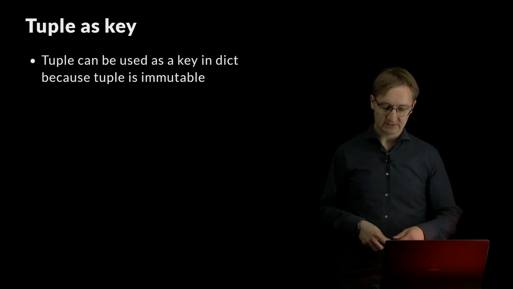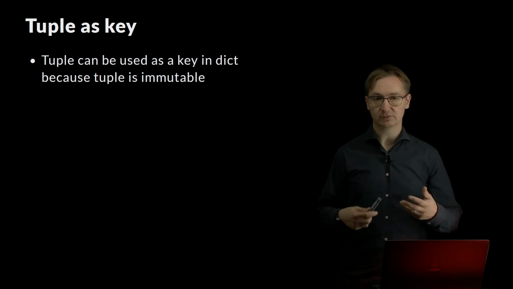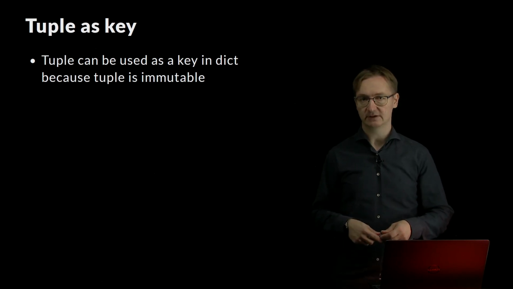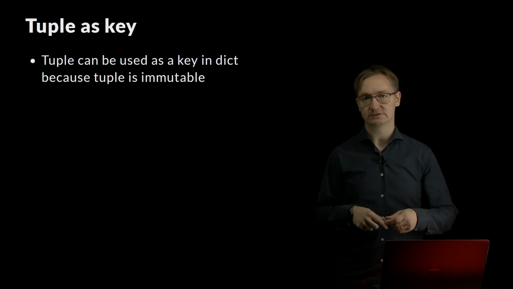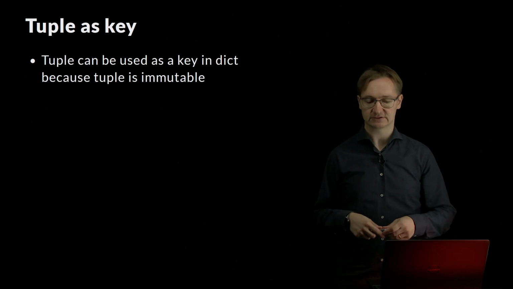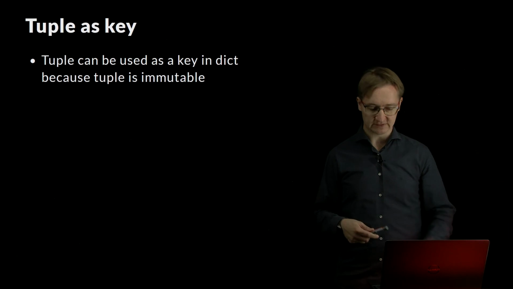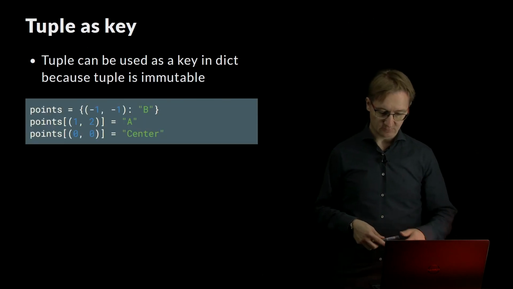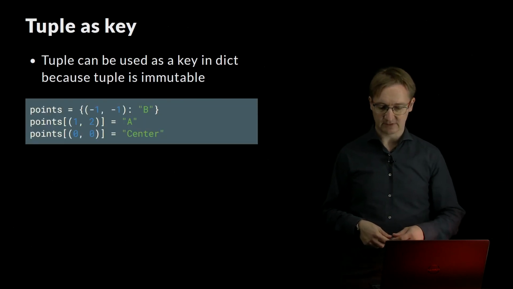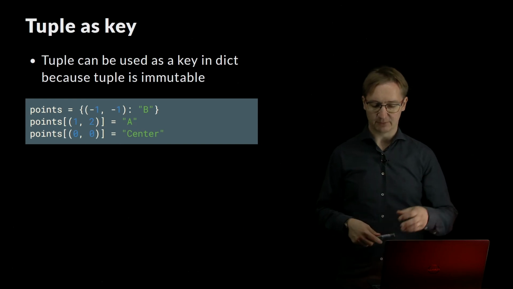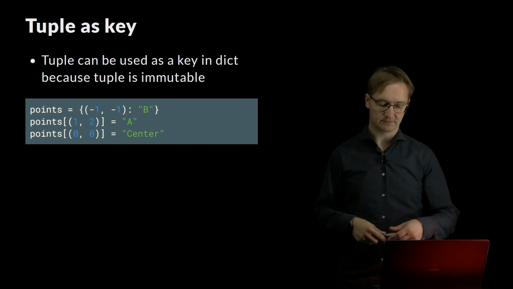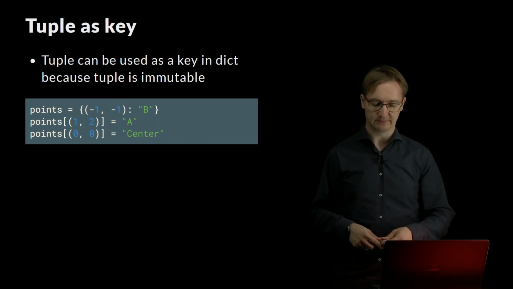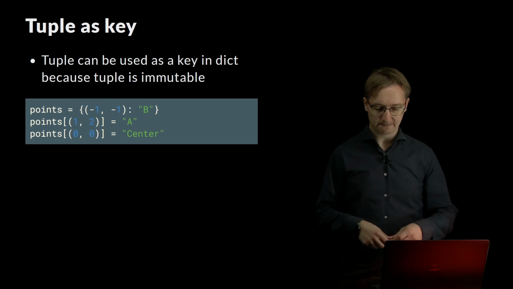Tuple as a key. Because a tuple is immutable, we can use it as a key for dictionaries. Otherwise, a dictionary does not allow us to use mutable objects. So for example, I cannot use a list as a key for a dictionary, but tuples I can use. So here's an example. I have points, and every point or coordinate points to some text, for example, -1 and -1 point to P, and so on.